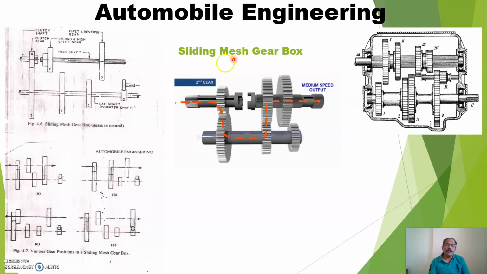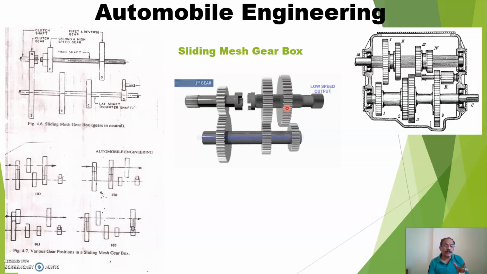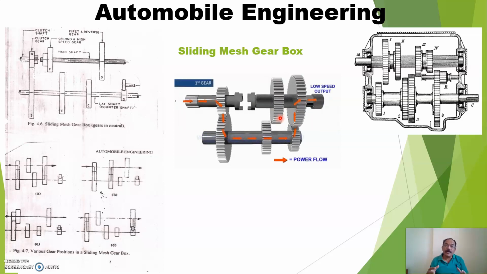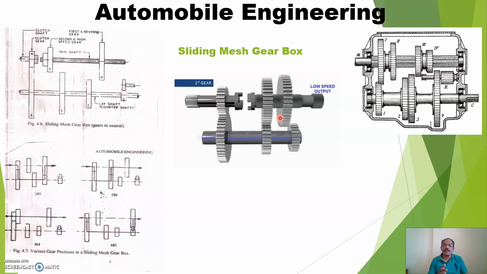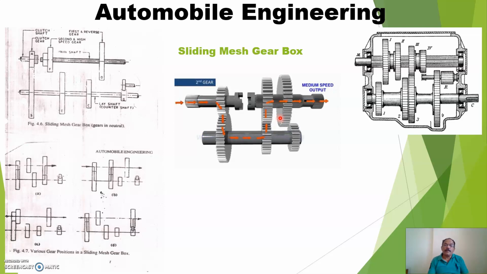In the lathe machine you stop the lathe and adjust the gears, because you need to shift the gear and engage the gears in such a manner that it will transmit the power.